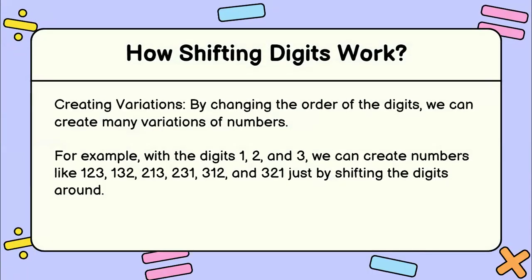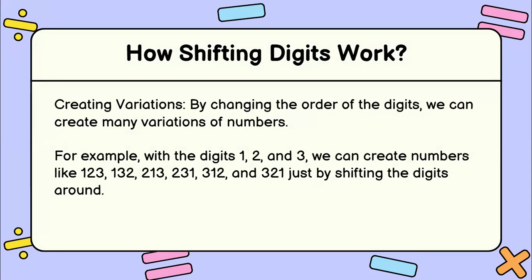How does shifting digits work? Creating variations or versions. By changing the order of the digits in the number, we can create many other numbers. For example, in this we have 1, 2, and 3.